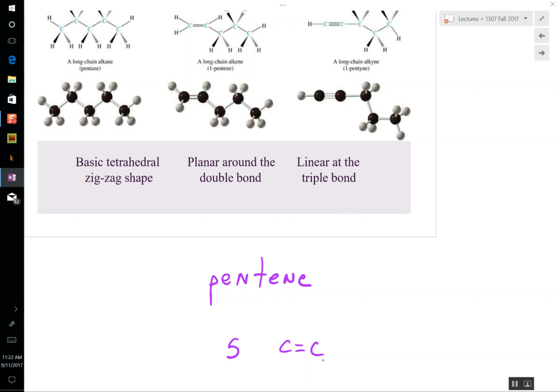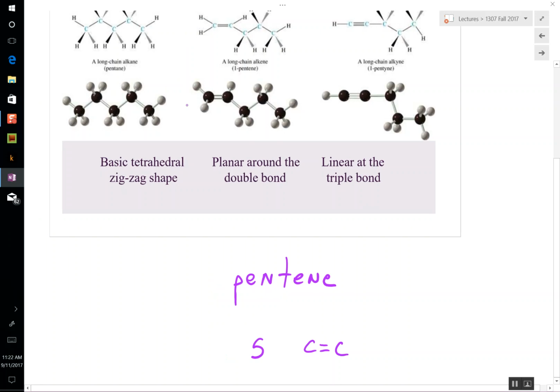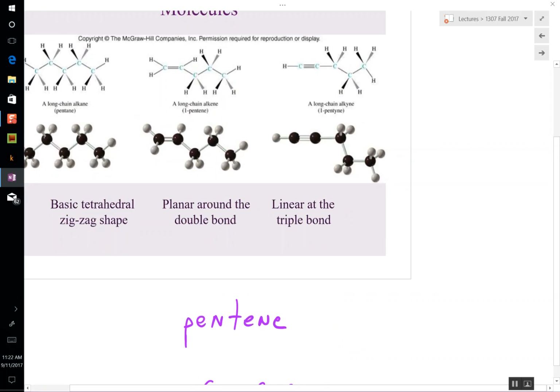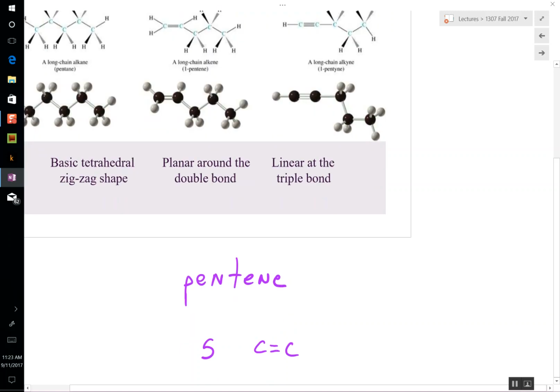So what we do here is we're going to start counting. Which end would you count from? What do you think is the most important end to start with? Yeah, the one closest to the double bond. That's what's really important in this molecule. We're actually putting it in the parent name, calling it pentene.